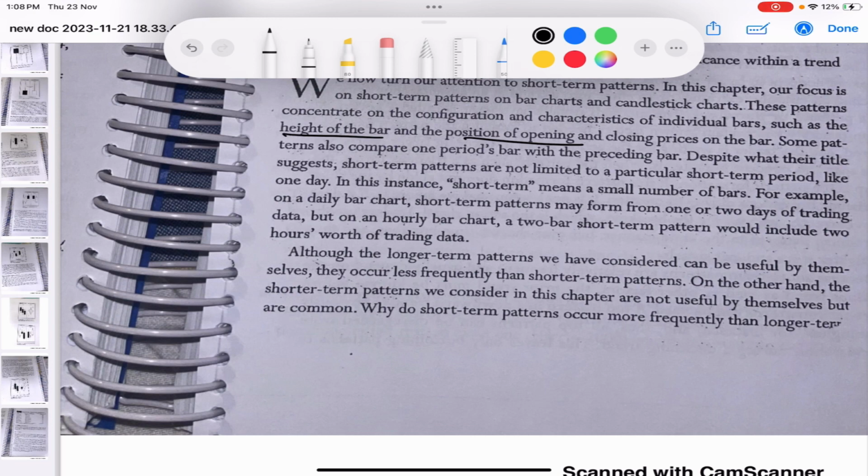We are introduced to candlestick charts, so we never really look at bar charts, but sometimes a bar chart suits us better than a candlestick chart, so you should check that as well. Short term means we are looking at a shorter duration, with fewer candles, instead of a monthly or yearly chart.